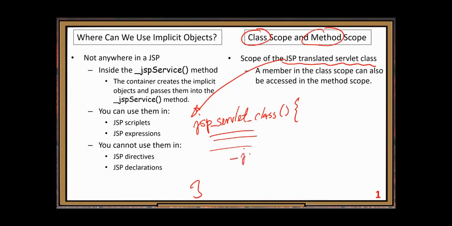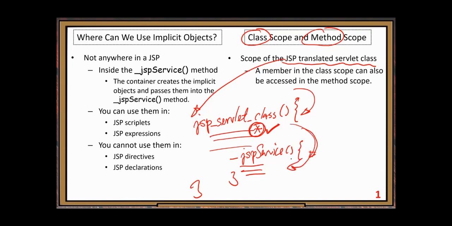Somewhere inside, you have the _jspService method. Now, a member in the class scope can also be accessed by a member in the method scope. That means if you declare a member in this location, which must be inside the class, inside this pair of curly braces, outside the _jspService method, it can still be used inside the method, based on our Java background.